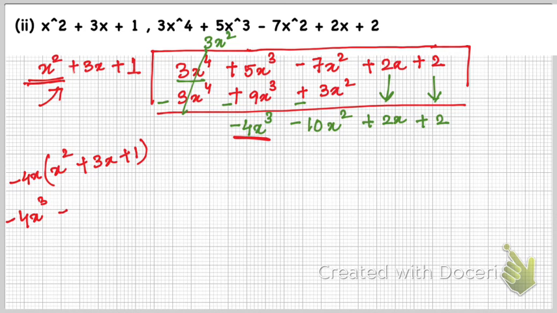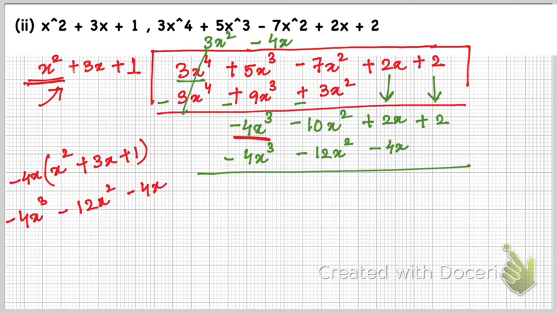So minus 12x square and minus 4x we will get. Here we have multiplied it with minus 4x, so we will write minus 4x here. What we have got is minus 4x cube minus 12x square and minus 4x.